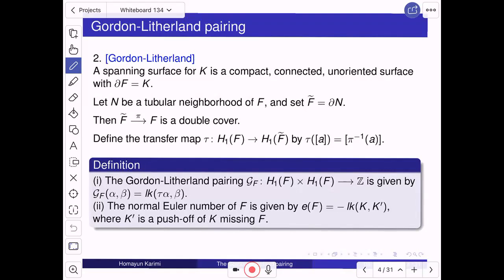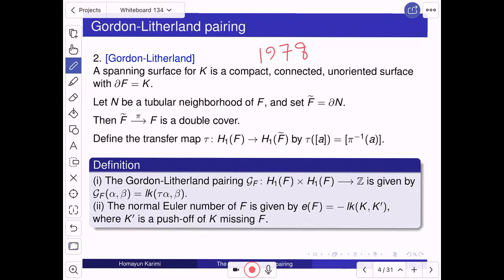Then in 1978, Gordon and Litherland had another approach to find the signature. They took a spanning surface for K, and by a spanning surface we mean a surface, not necessarily orientable, which has the knot K as its boundary.